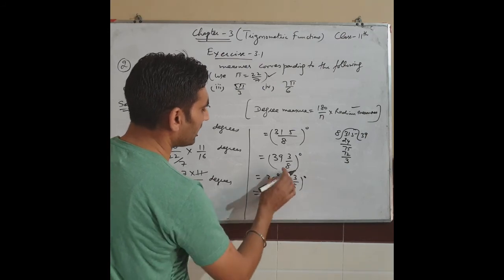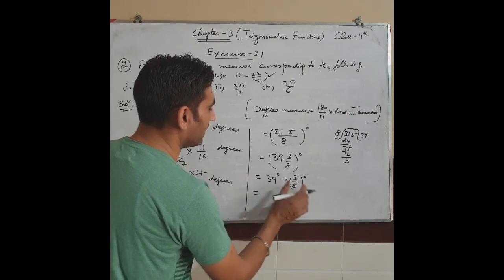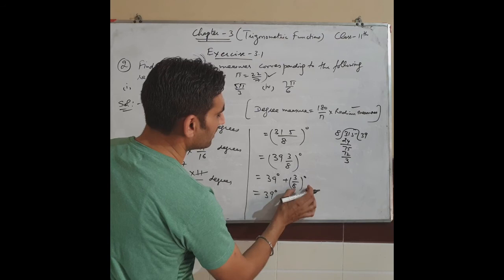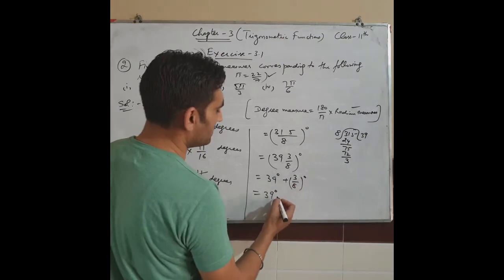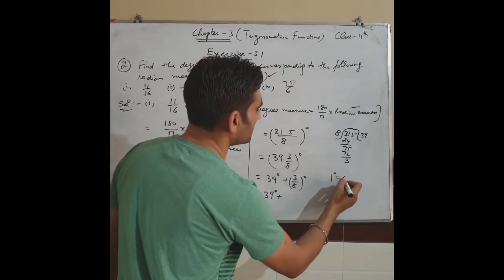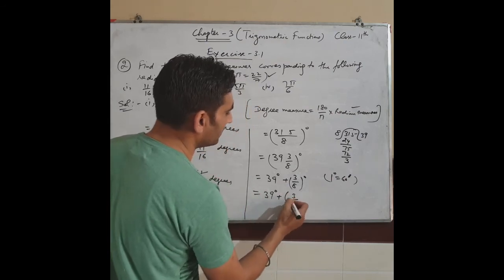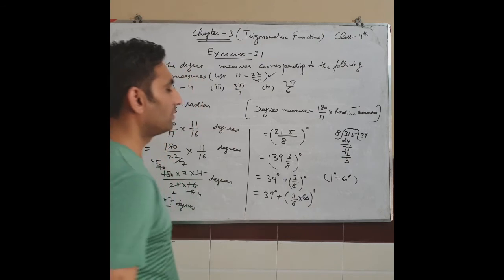Or you can write it without the plus sign in the form of a product, but it is easier and more convenient to write it this way. Now I want to convert this additional part, which is less than 1, actually 3 over 8 given, into minutes. And you know 1 degree equals 60 minutes. 1 degree equals 60 minutes. And you know this conversion. So I will multiply it with 60 and change the symbol into minutes.